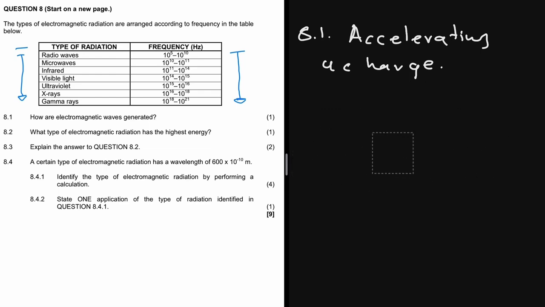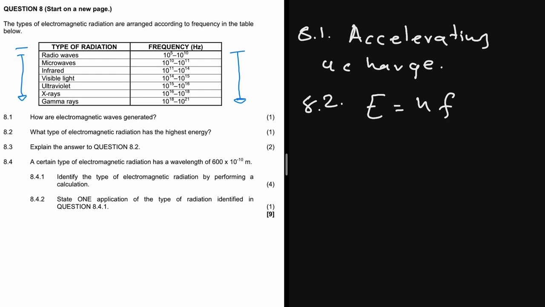Now the second question, which is 8.2, says, what type of electromagnetic radiation has the highest energy? We know the energy of a photon is given as Planck's constant multiplied by the frequency.